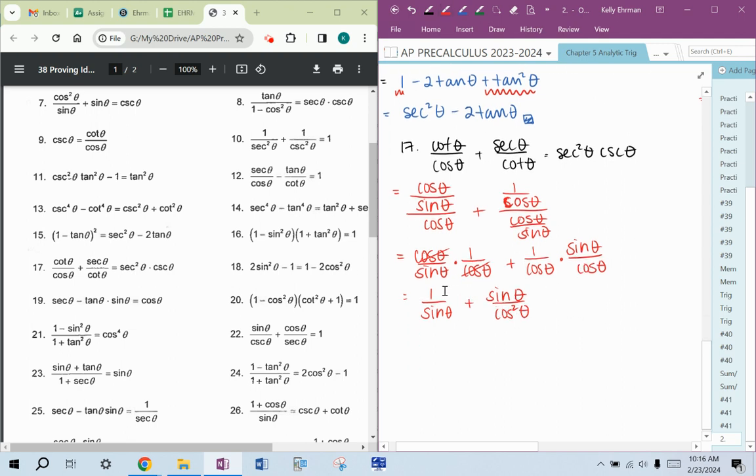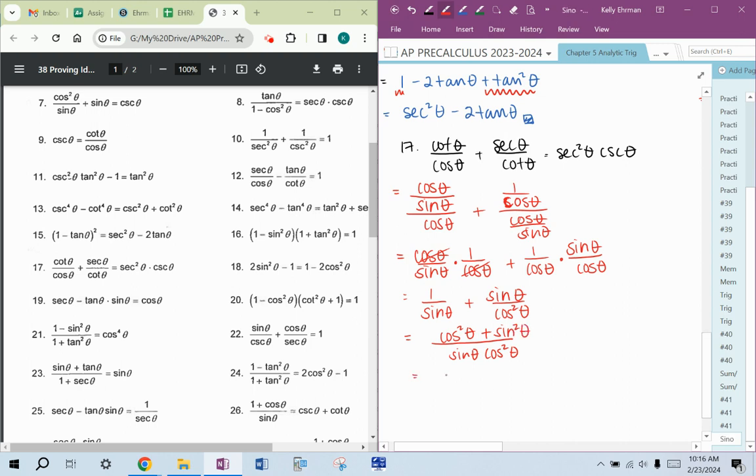All right, so I'm getting pieces of this. I have a cosecant here, but then it's not times secant squared. So now that I'm adding fractions, let's get a common denominator. The common denominator is sine theta cosine squared theta. First fraction would have been multiplied by cosine squared. Second fraction would have been multiplied by sine to create a sine squared up there.